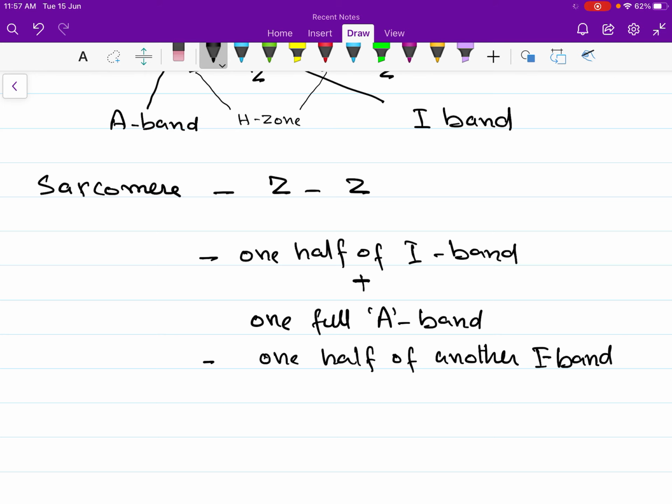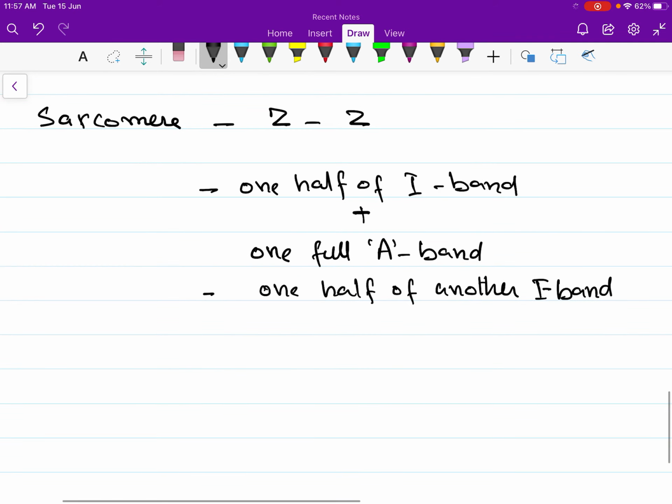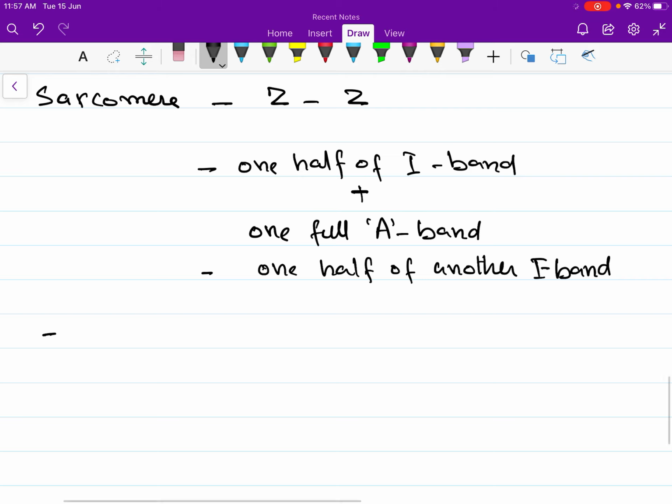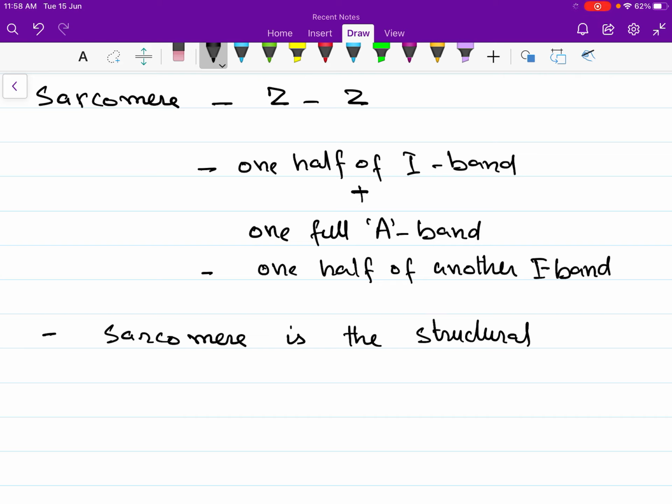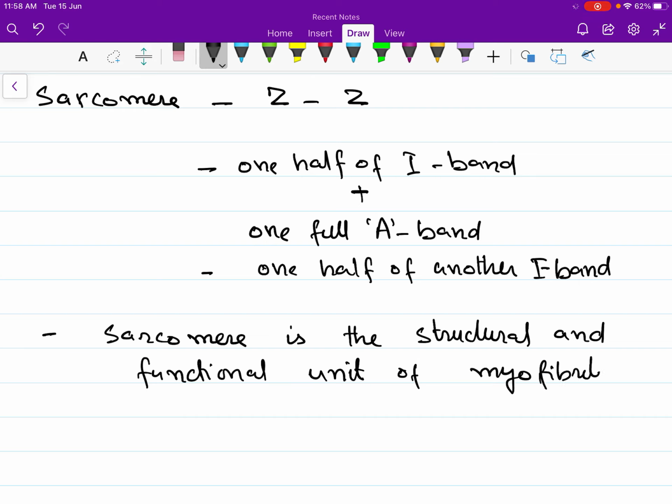Sarcomere is called the structural and functional unit of the myofibril as well as the muscle fiber.